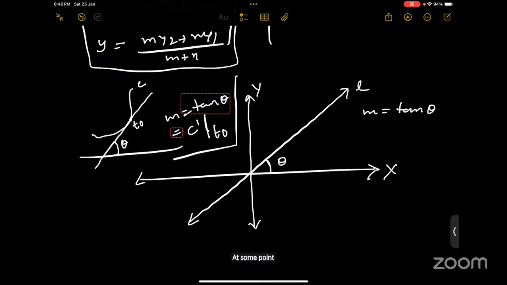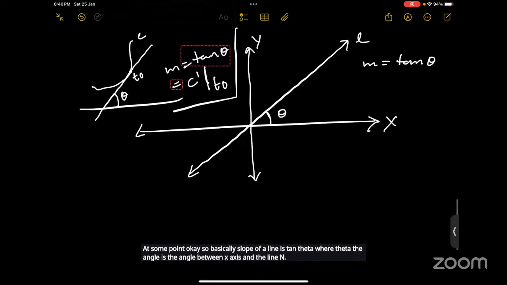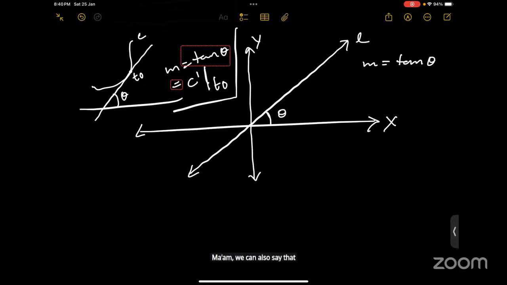Basically, the slope of a line is tan theta, where theta is the angle between the x-axis and the line L. We can also say that slope is the change in y coordinate per unit x-axis, because of the derivative.